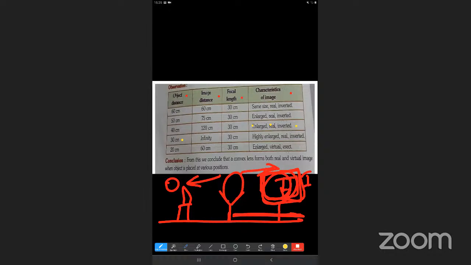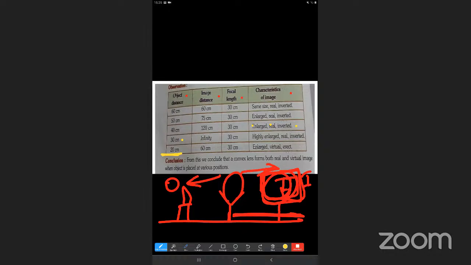It is very near to the lens. Just the distance from the lens to the object is 20 centimeters only. So here the image will be formed at the back of the object. Okay, that means beyond the object. The image will be formed beyond the object.